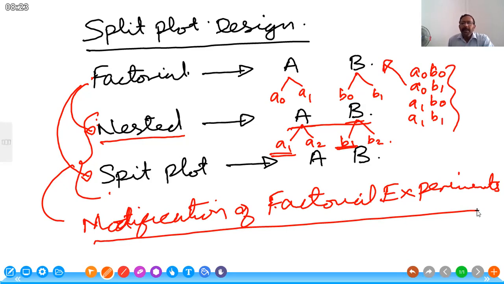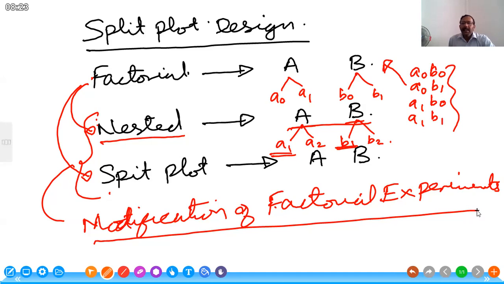If you are unable to conduct a factorial experiment, then you think about going for nested design or split plot design. Your first choice should be factorial design.